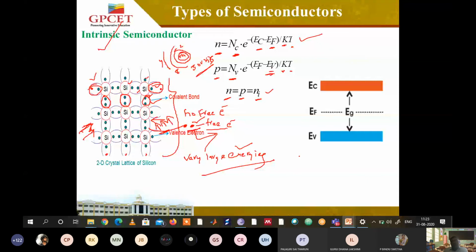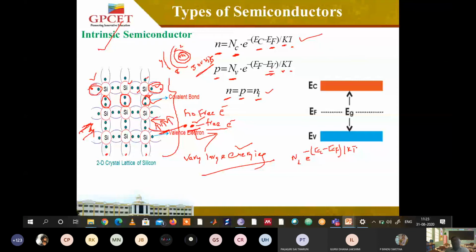Suppose this is N and this is P. Equate these two: Nc into e power minus of Ec minus Ef divided by kT is equal to Nv into e power minus of Ef minus Ev divided by kT.